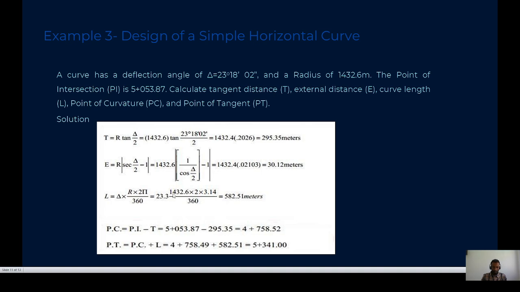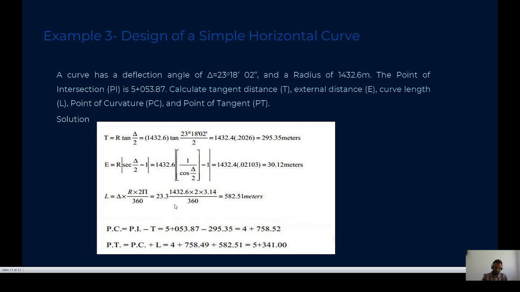Times the radius, 1432.6, times 2, with pi as 3.14, divided by 316. We get the length between the point of curvature and point of tangent as 582.51 meters.